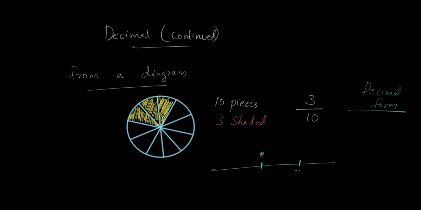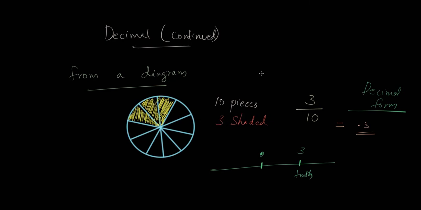See, this is the 10th place, right? So straight away 3 is over here. So how can we write this? We can write this as 0.3. Did you get this?